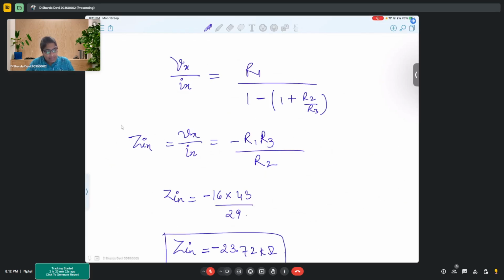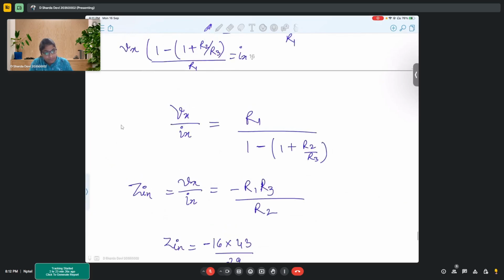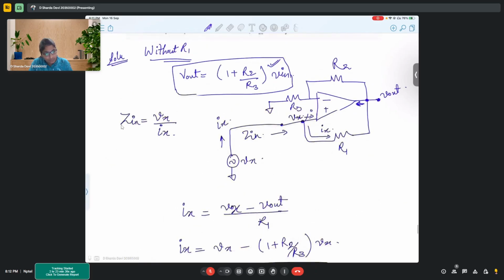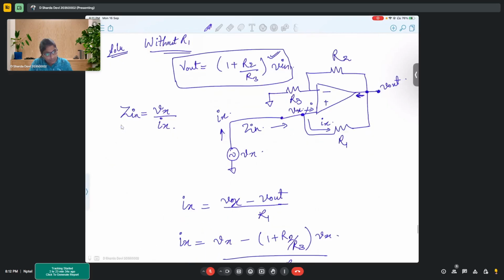And the other thing is, how did we write V out in terms of just one thing in the equation in between? We find out how it will look if R1 is not present. But in the other equation, why are you putting V out as this? That is only a part of V out, not the full V out, right?